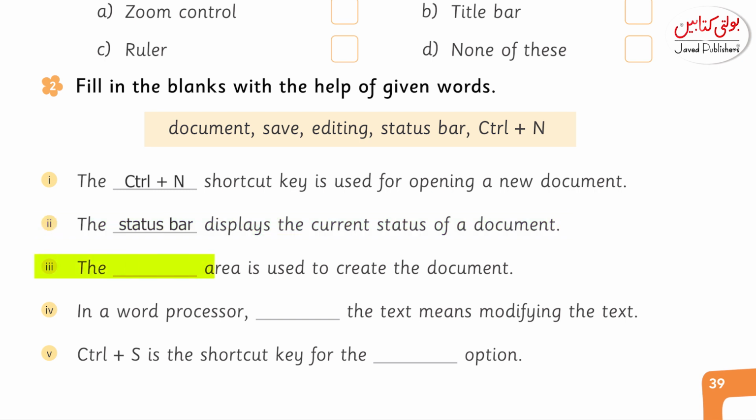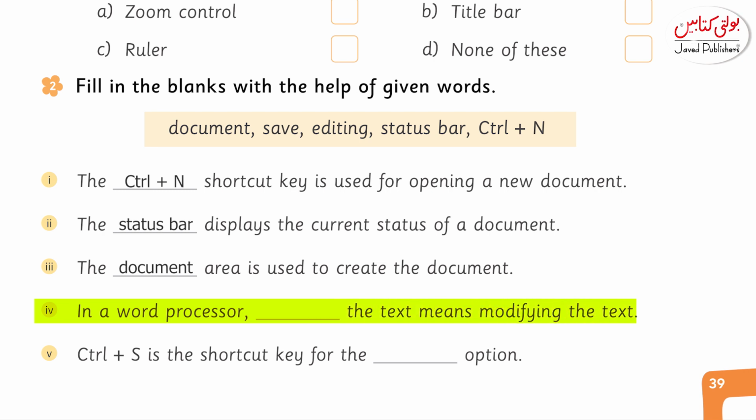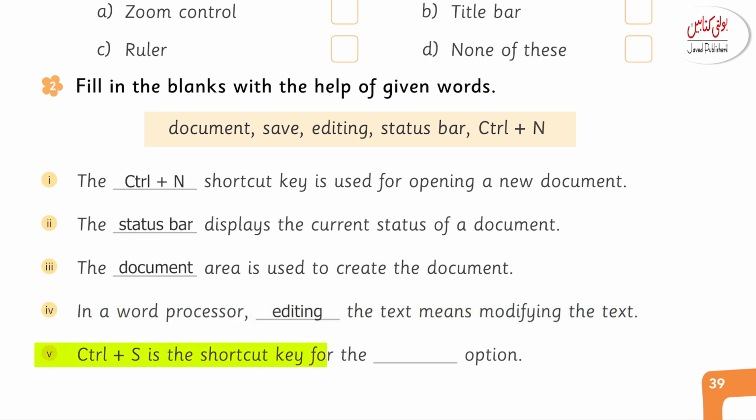Blank 3. The dash area is used to create the document, the document area. In a word processor, dash the text means modifying the text, editing. Blank 5. Control plus S is the shortcut key for the dash option, for the save option.